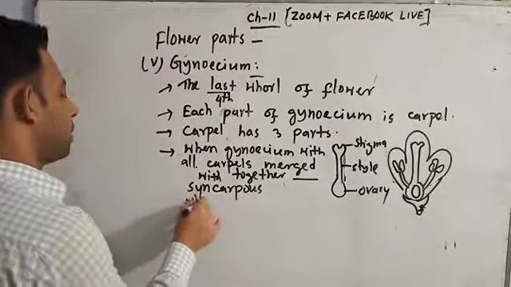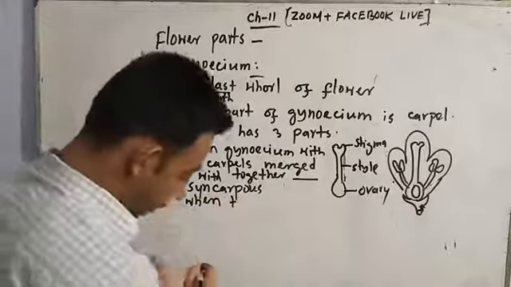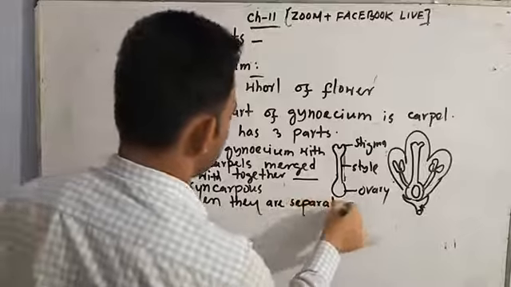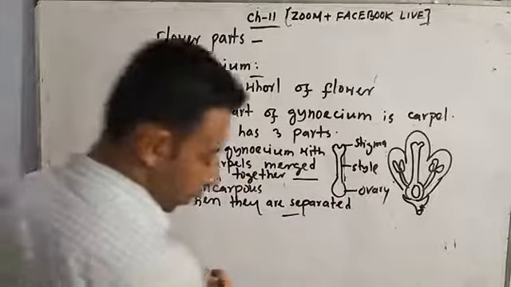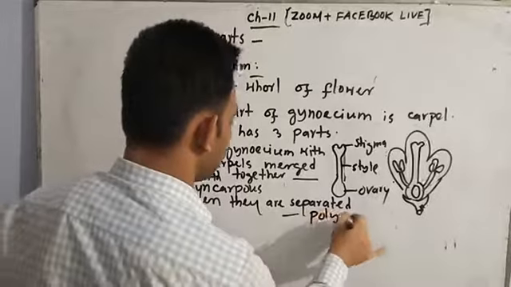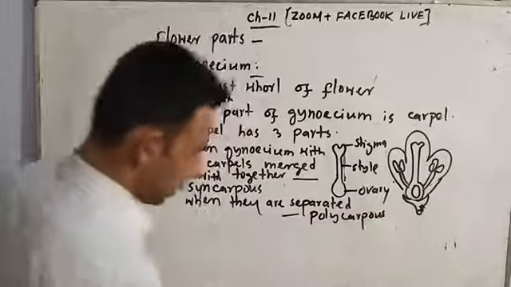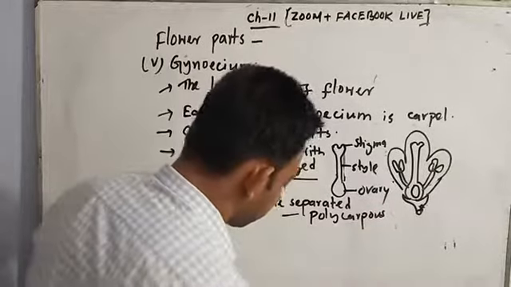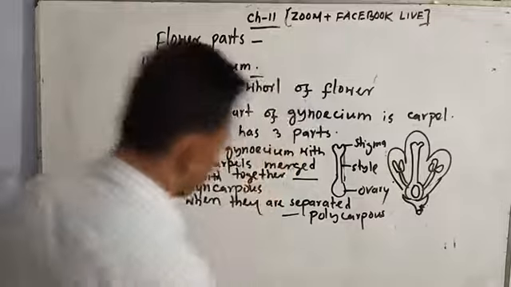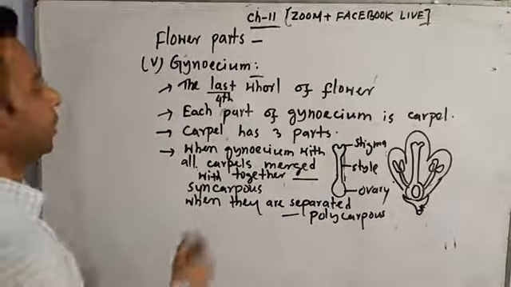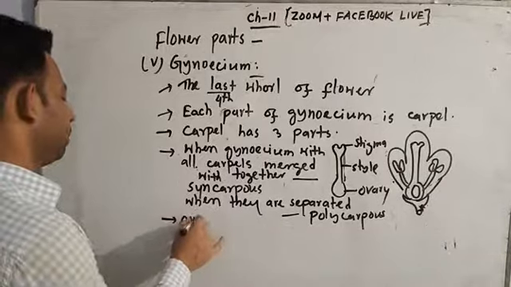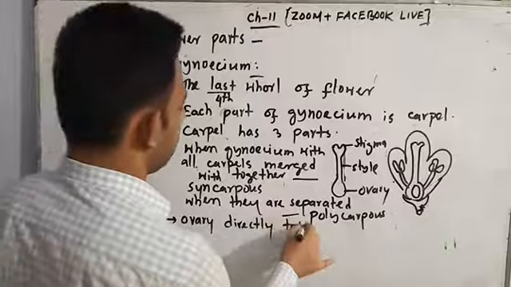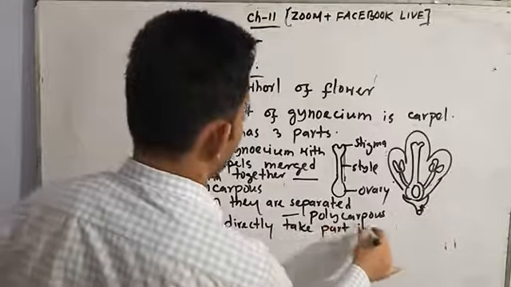When they are separated, at that time it is called polycarpous. Accordingly, the ovary directly takes part in the reproduction.